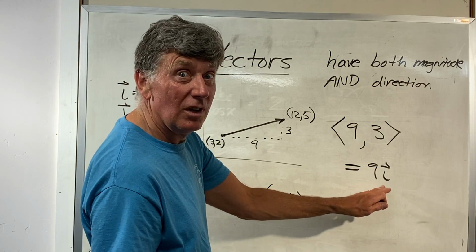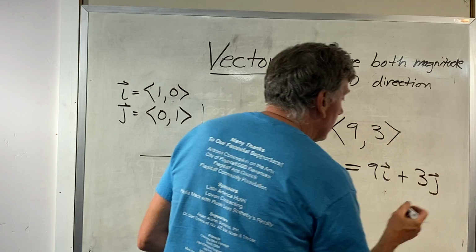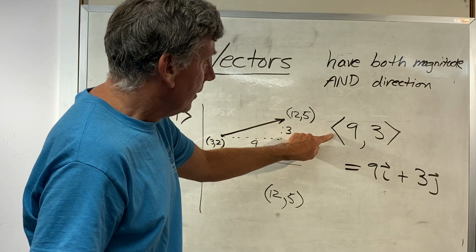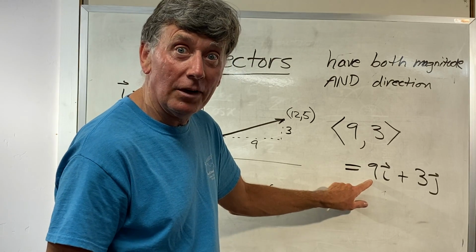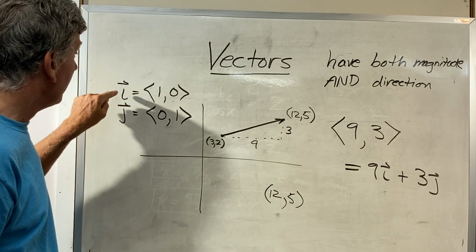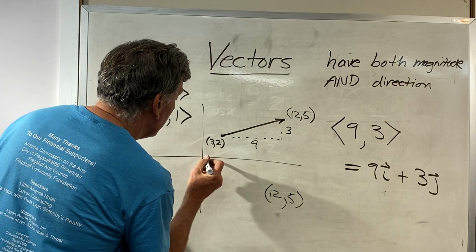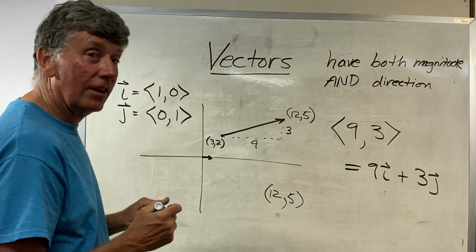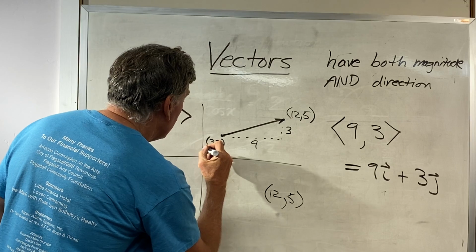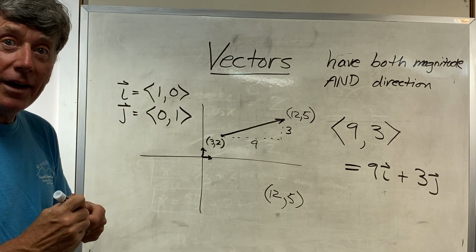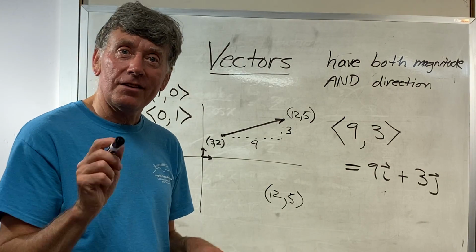We call these unit vectors, plus 3j. This is the same as this. I just happen to use a little bit more ink on this one. But it's based on the fact that this unit vector here is going out 1 in the x direction, and this j vector is going up 1 in the y direction. More on vectors in the next video.